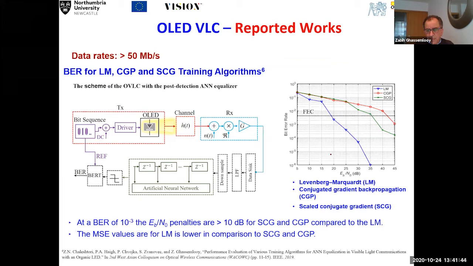In terms of SNR, we can get a signal-to-noise ratio of 20 dB, meeting our FEC limit. And of course, if you move away and adopt other things, then you have to pay a penalty. But the interesting thing is that you're achieving speeds of more than 50 megabits per second. And if you want to look at this, please go to this 2019 paper, which was published, and you can get more information.